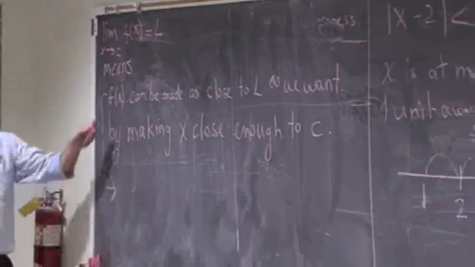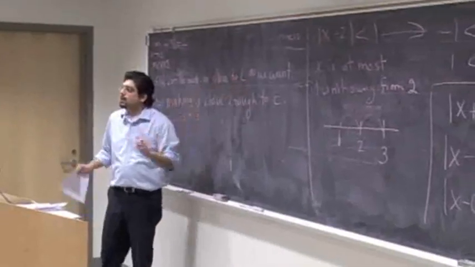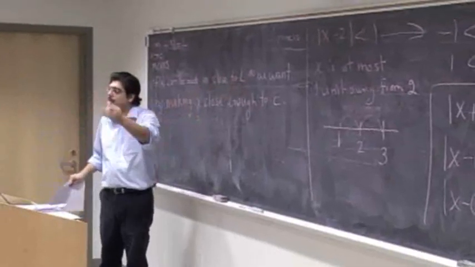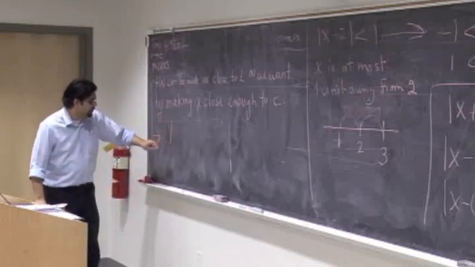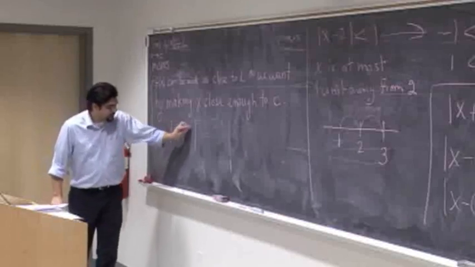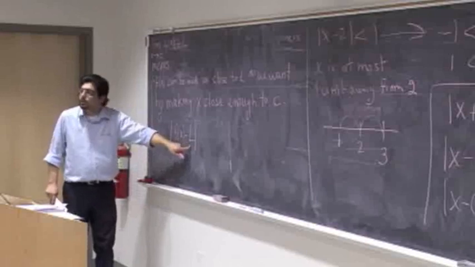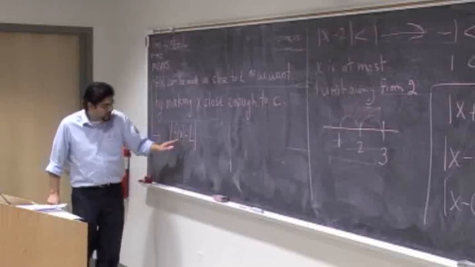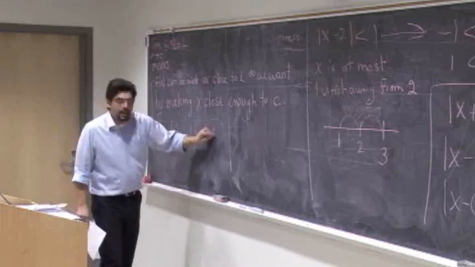Okay? F of x can be made as close to L. So we're talking about the distance between f of x and L. What absolute value did that translate to? F of x minus L. Okay? This can be made as close to this as you want. That means this quantity can be less than anything.